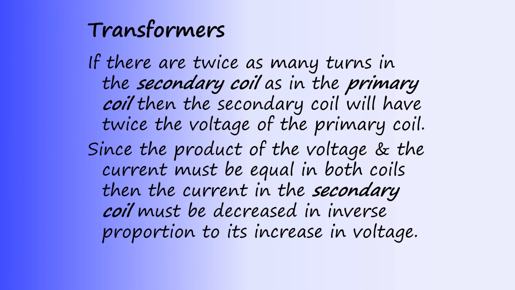If there are twice as many turns in the secondary coil as in the primary coil, then the secondary coil will have twice the voltage of the primary coil. Since the product of the voltage and the current must be equal in both coils, then the current in the secondary coil must be decreased in inverse proportion to its increase in voltage.